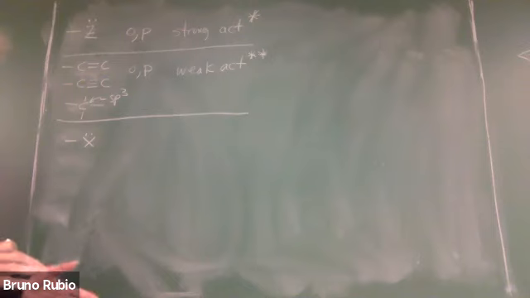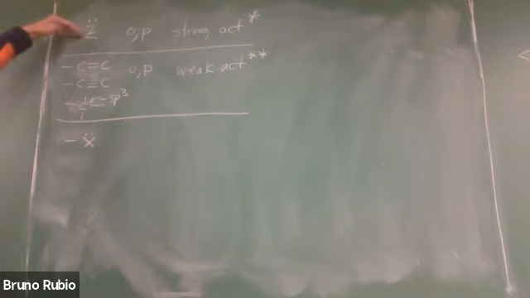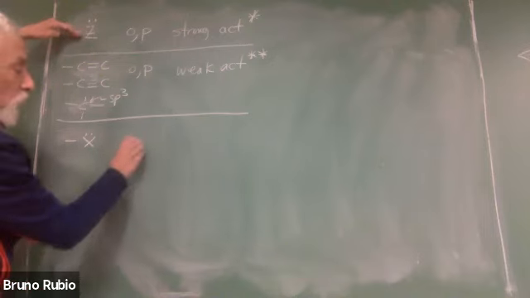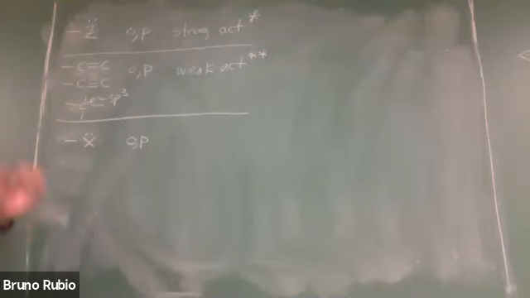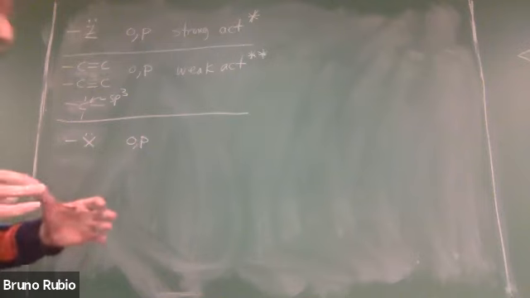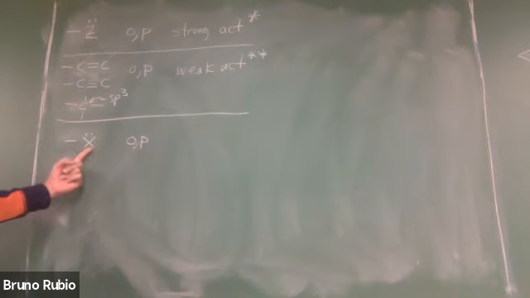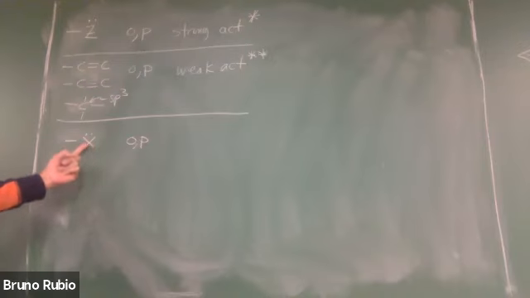And remember, we always use X to represent a halogen, so this could be F, Cl, Br, or I. If the atom directly bonded to the benzene ring is a halogen, it fits into this category in that it's an ortho-para director, but because halogen is highly electronegative, and because in aromatic substitution benzene is the nucleophile, and this guy is sucking electrons away from benzene, this reduces the reactivity of that benzene ring.